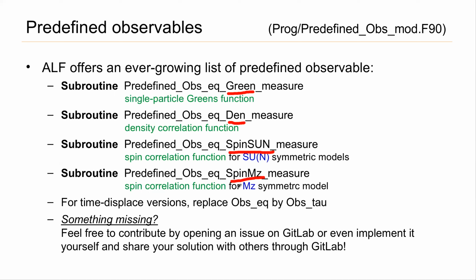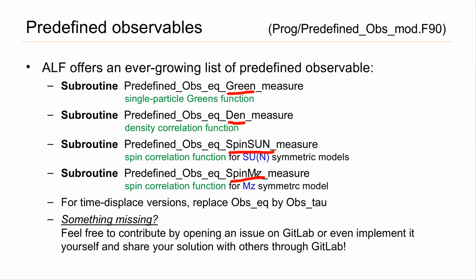One has to distinguish spin SUN from spin MC because the SUN model is, even after Hubbard-Stratonovich decomposition, explicitly SUN invariant. So it doesn't make sense to distinguish the X, the Y, and the Z component of the spin-spin correlation.